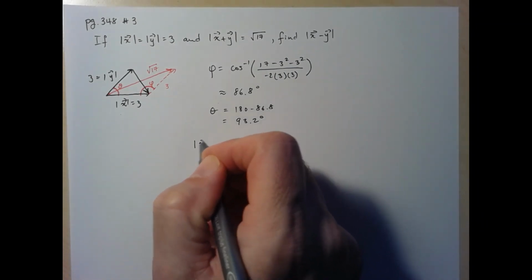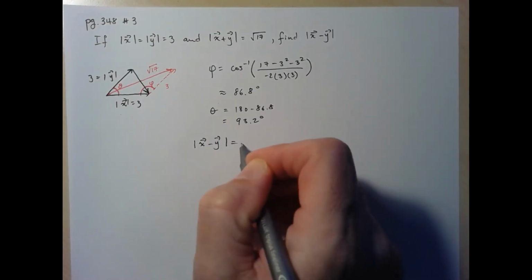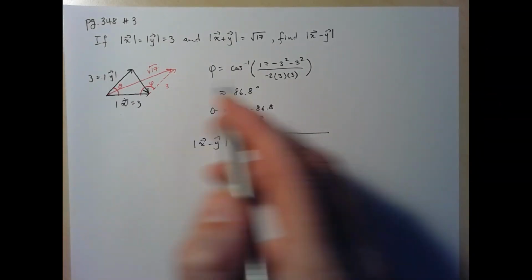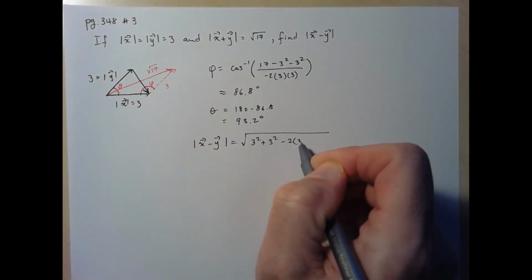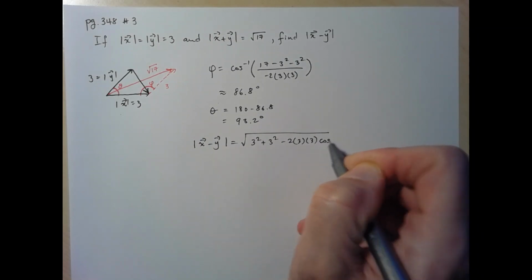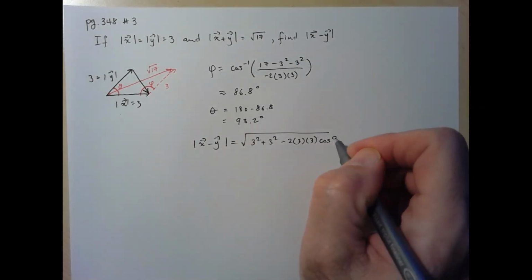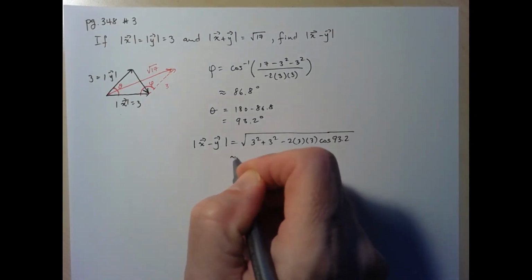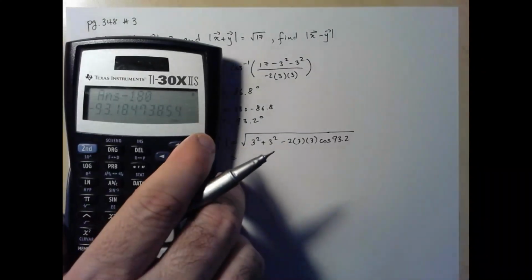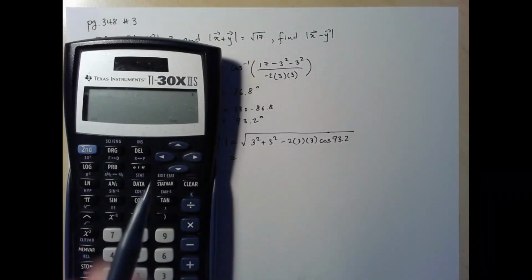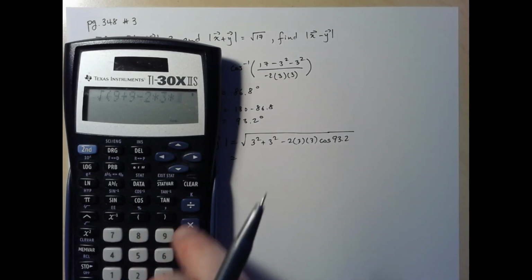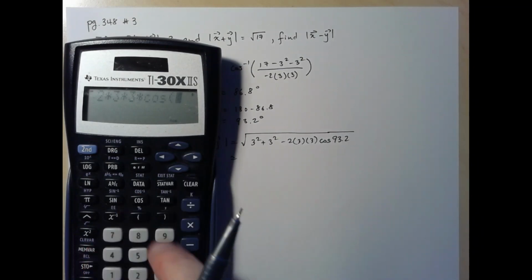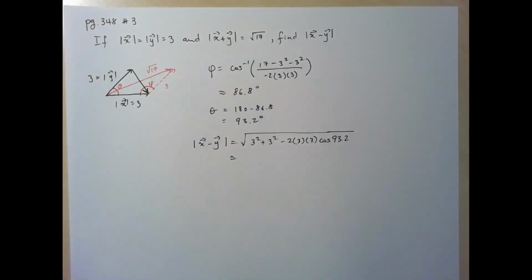The magnitude of x minus y is given by the square root of the sum of the squares of the other two sides, 3 squared plus 3 squared, minus 2 times those two side lengths times the cosine of the angle between them, which we now know is 93.2. Let's get an approximation: square root of 9 plus 9 minus 2 times 3 times 3 times cosine of 93.2, and we get about 4.36.